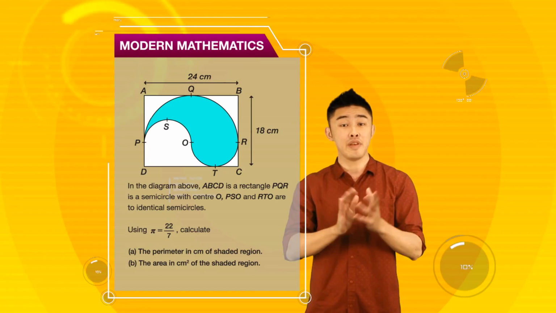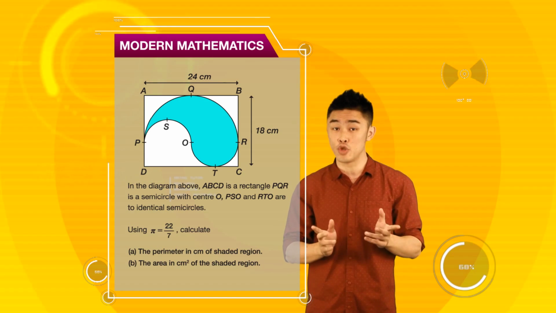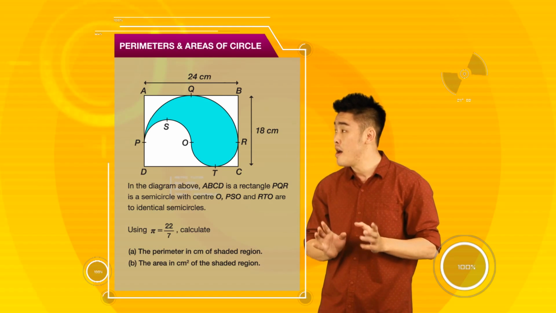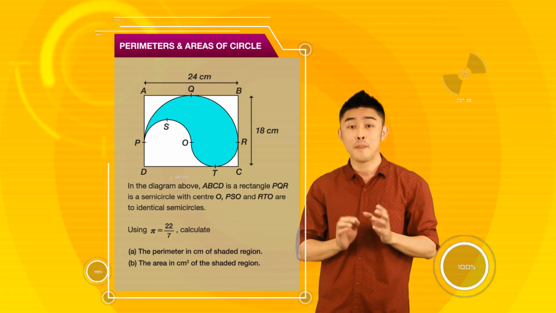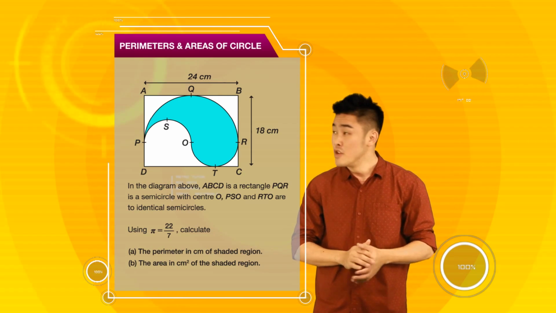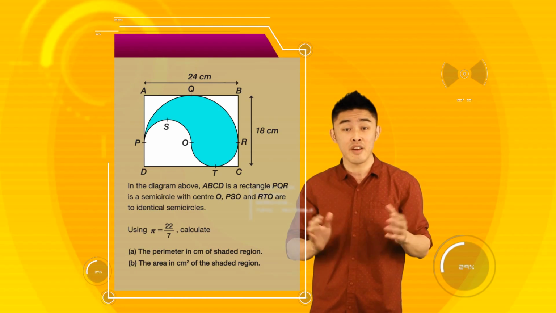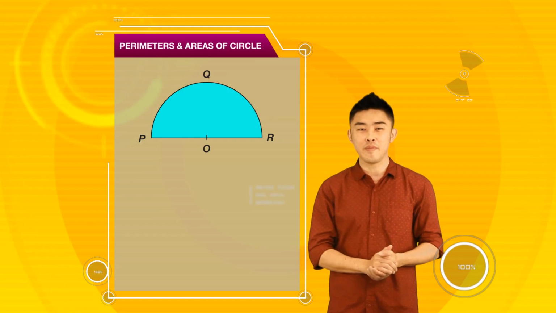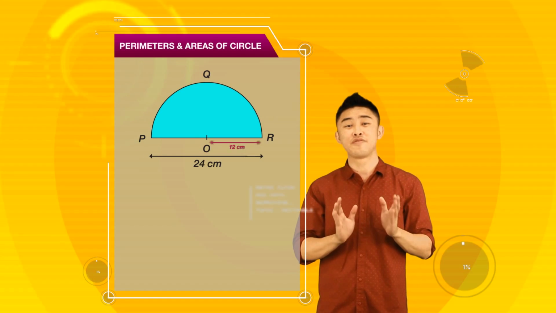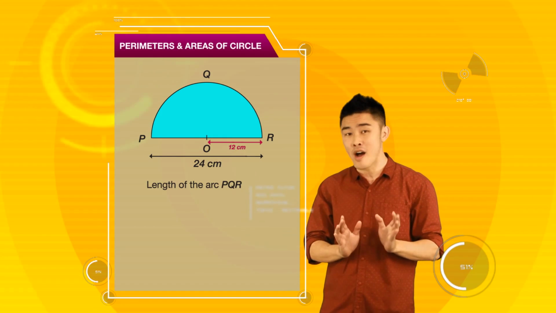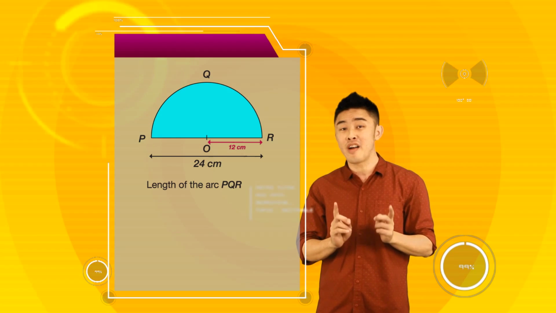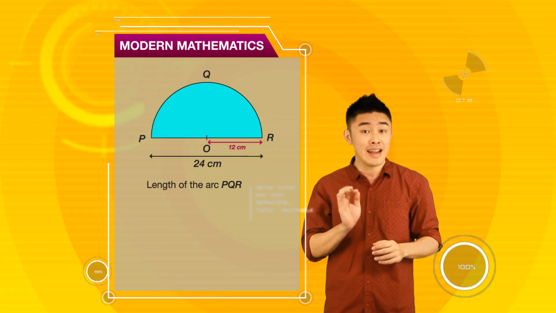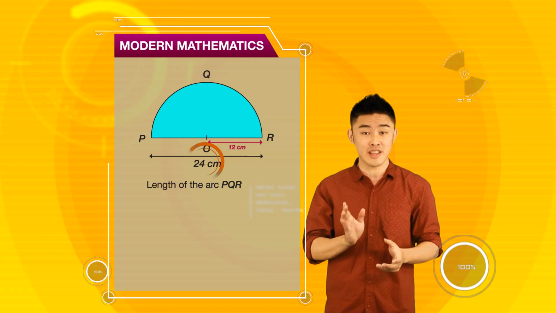So, the perimeter of this shaded region is equivalent to arc PQR plus arc PSO plus arc RTO. So all we have to do is figure out the length of these semicircles and we can find the perimeter of the shaded region. So let us first find the length of PQR. Now we know that PQR is centered at O and the length of PR is 24 centimeters.